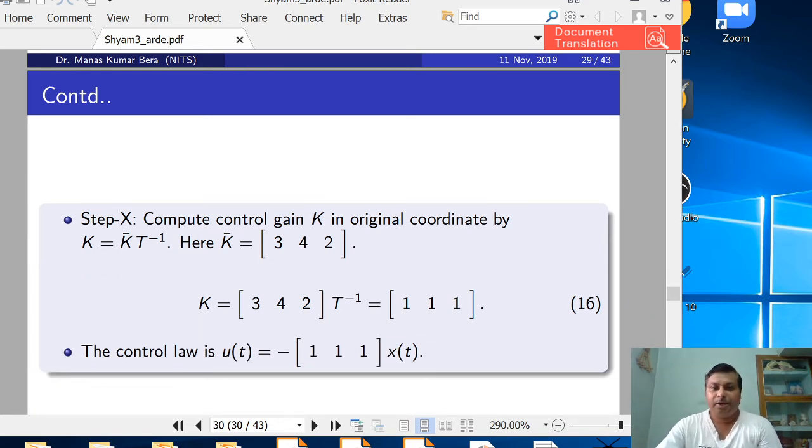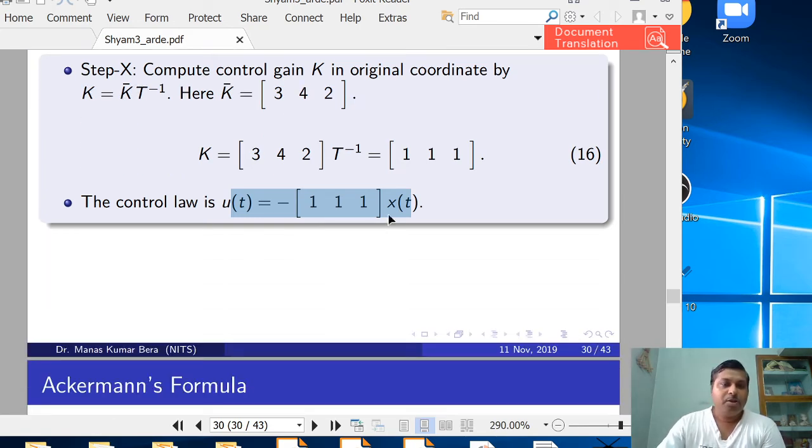If you calculate, it comes to 1 1 1. This is the control law which will place the poles of the given system at -1, all three poles. This is the way you can calculate the gain of the controller with the transformation technique.